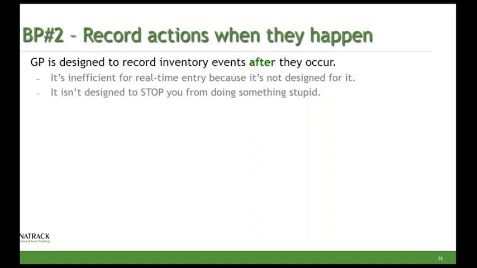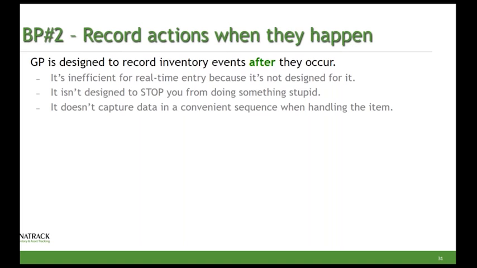Because of that, it's not designed to stop you from doing something stupid. It's not going to yell at you when you're about to pick the wrong item to go out on a customer's order, or when you're not collecting lot information during a receipt process, right? And it doesn't capture the data in a convenient sequence when handling the item.